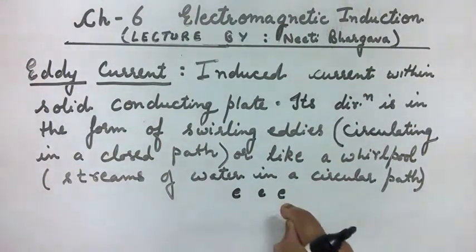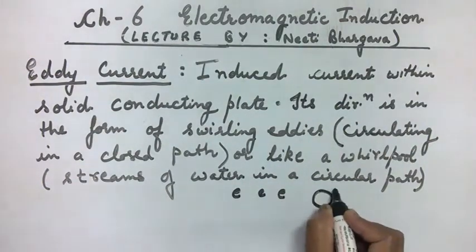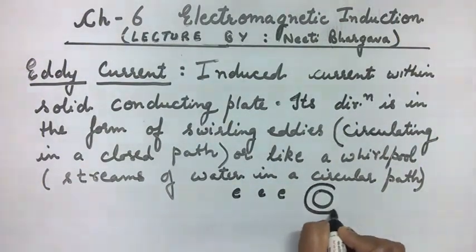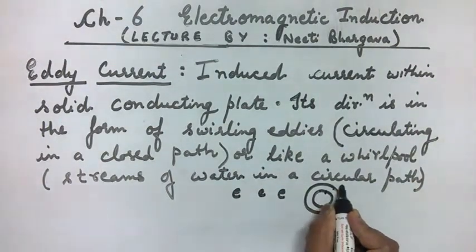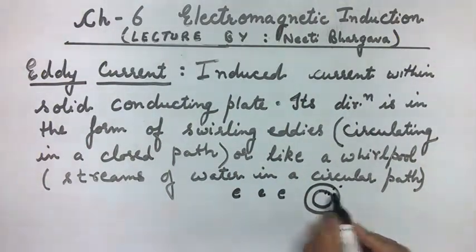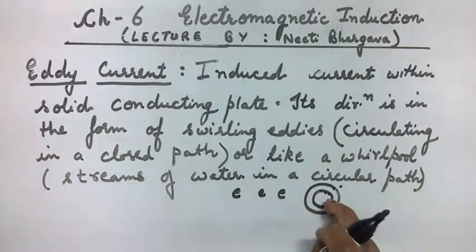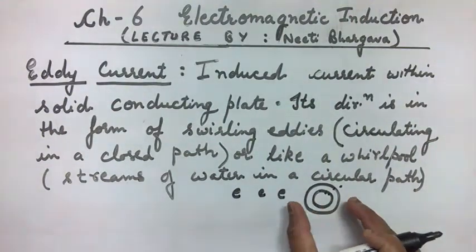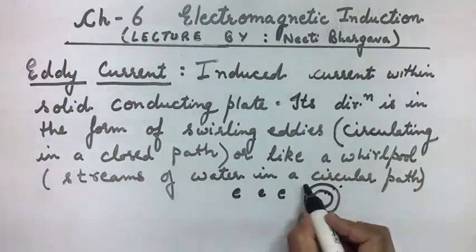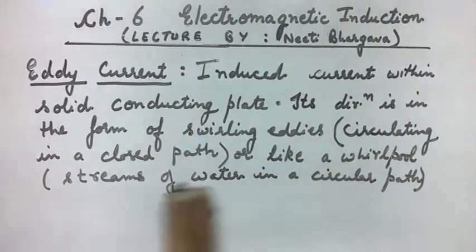When these electrons move, there is a change in magnetic flux at every part of the plate, and the magnetic flux change is different at different paths. Thus there is a relative motion between the movement of this plate and the uniform or non-uniform magnetic field.